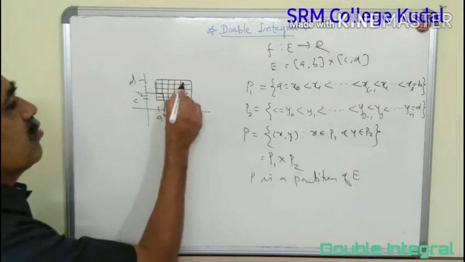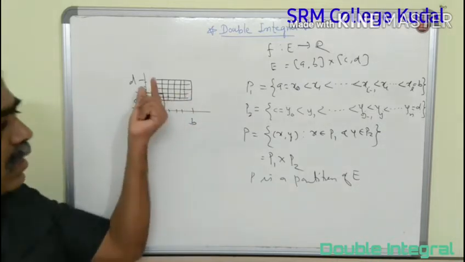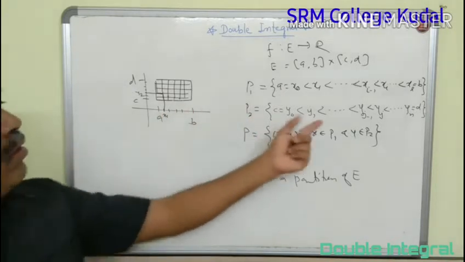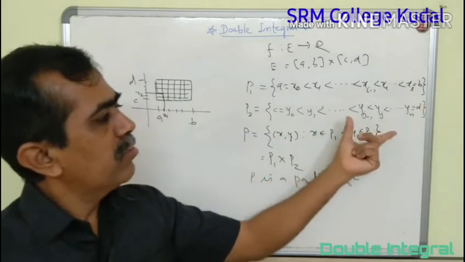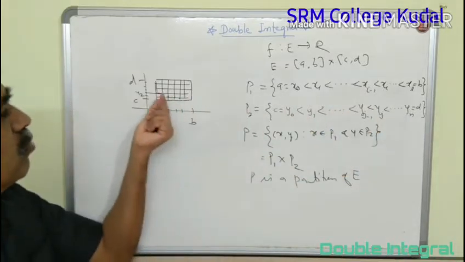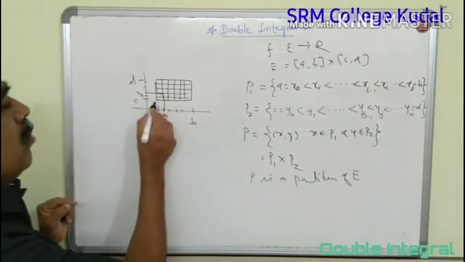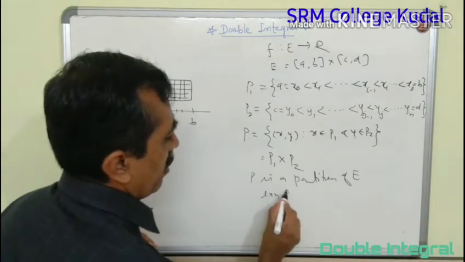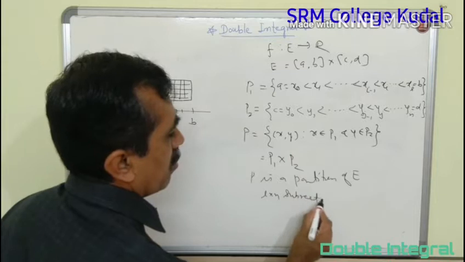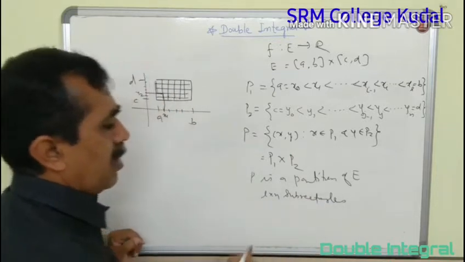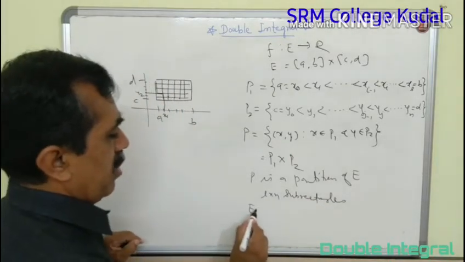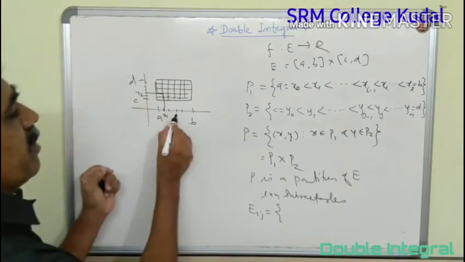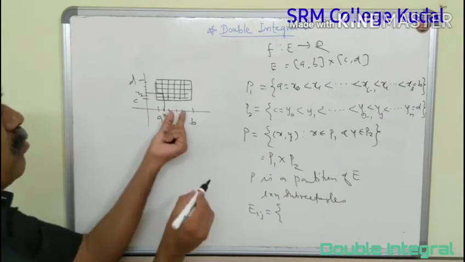So these lines will divide the rectangle E into how many sub-rectangles? These are L number of points, these are N number of points. So the rectangle E will be divided into L into N sub-rectangles Eij.